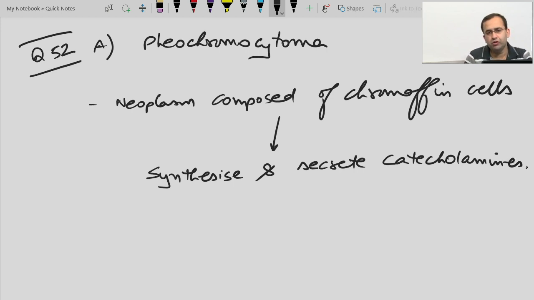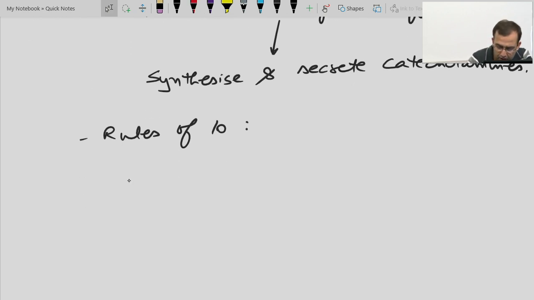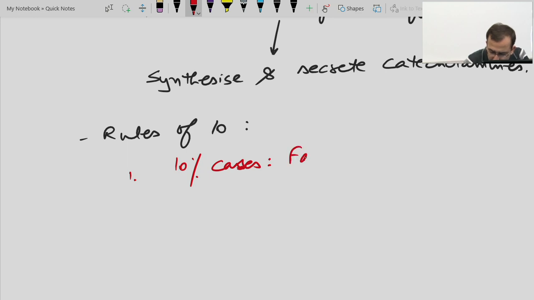Next point, pheochromocytomas follow the rules of 10. The first point is that they are familial in 10% of the cases. When I say familial, which familial syndromes?